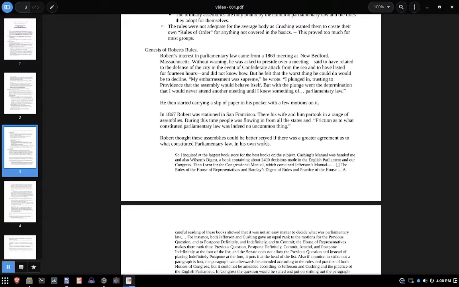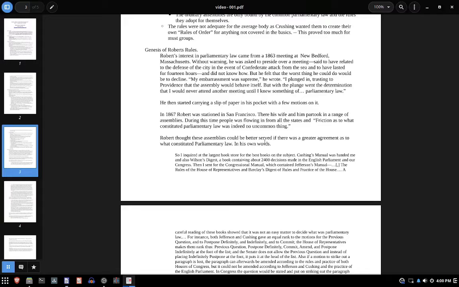He then started carrying a slip of paper in his pocket, and with it, he had a few motions, the order of precedence, whether they can be debated or not debated, and so on. But when he was stationed in San Francisco, his wife and he took part in a lot of local groups, religious and non-religious.